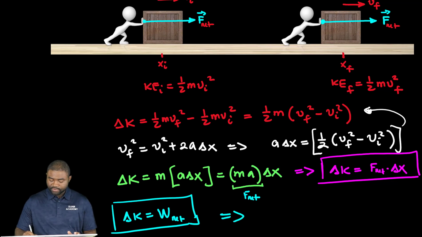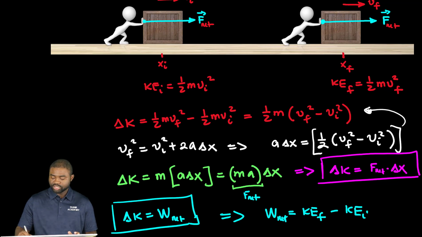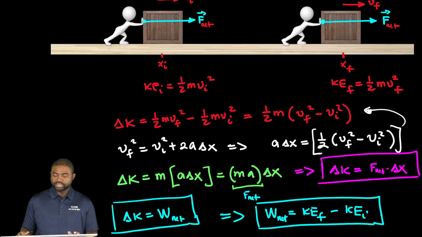So this implies that W net will be equal to the kinetic energy final minus the kinetic energy initial. This, my friends, represents the work kinetic energy theorem.